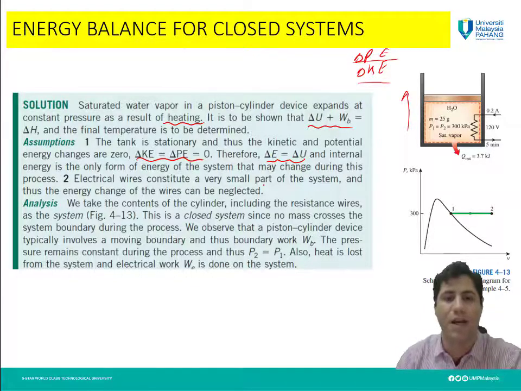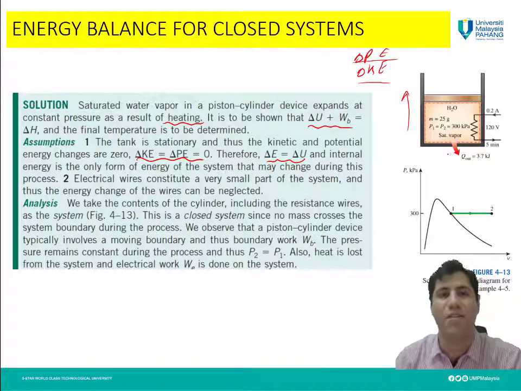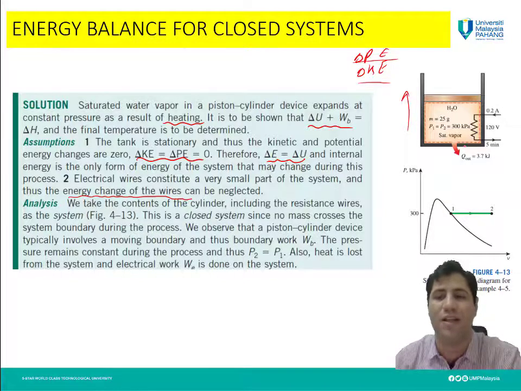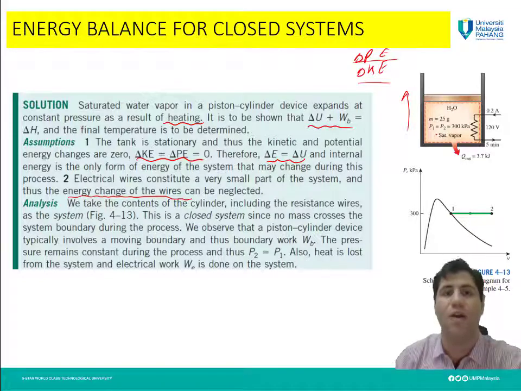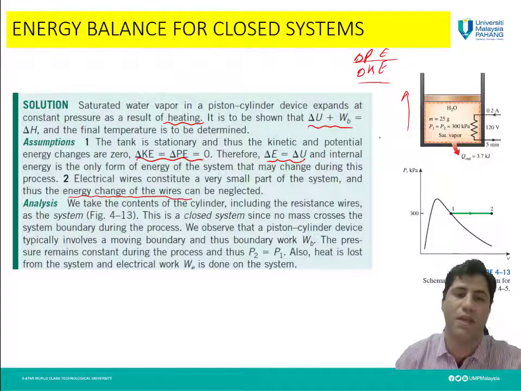But because the wire is just a small part of the system, we can ignore the energy change of the wire. In other words, we assume that the change in the energy of the system is due to the change in the internal energy of the water vapor, or steam, here.